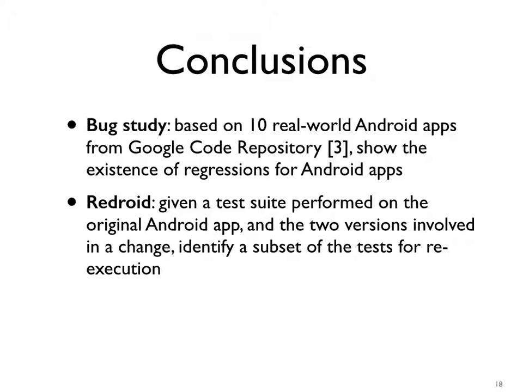Given a test suite that was performed on the original Android app and 2 versions involved in a change, Redroid identifies a subset of the tests that must be re-executed to test the new Android version.